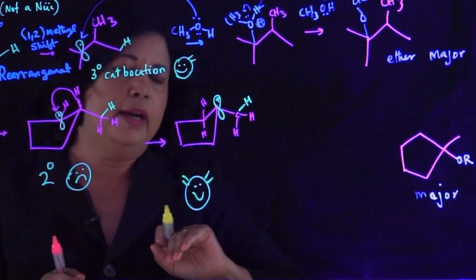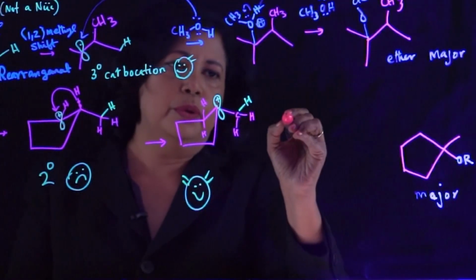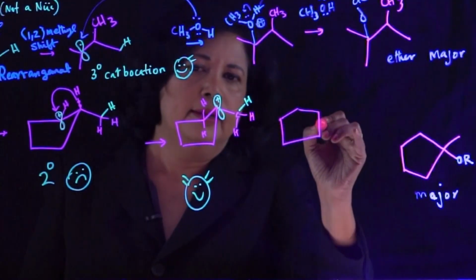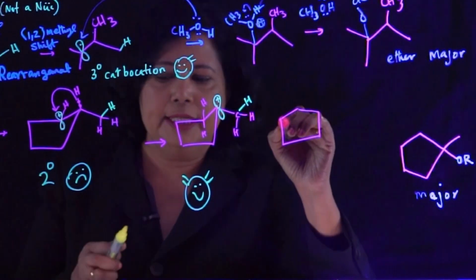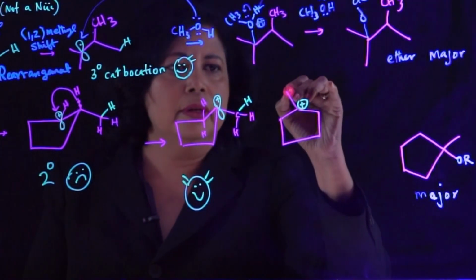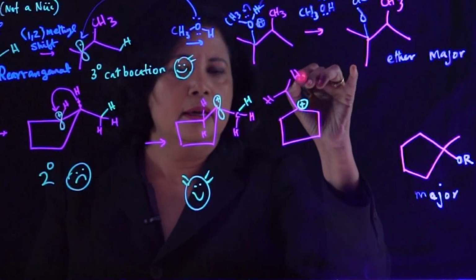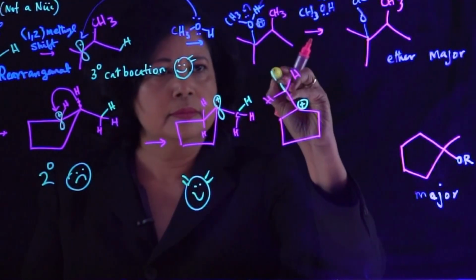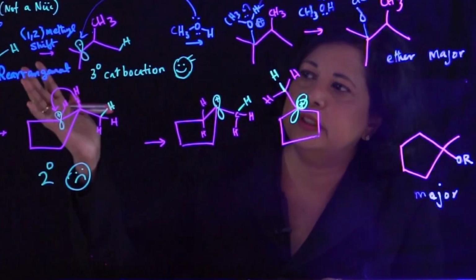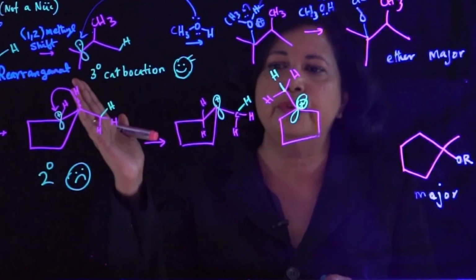And it's really a flat carbocation. So if I write it out like this, it's going to look like this. You're going to have a positive right here, and you will have a methyl on the side. Now that we have a carbocation here, what are the possibilities for this molecule? Can it rearrange further?